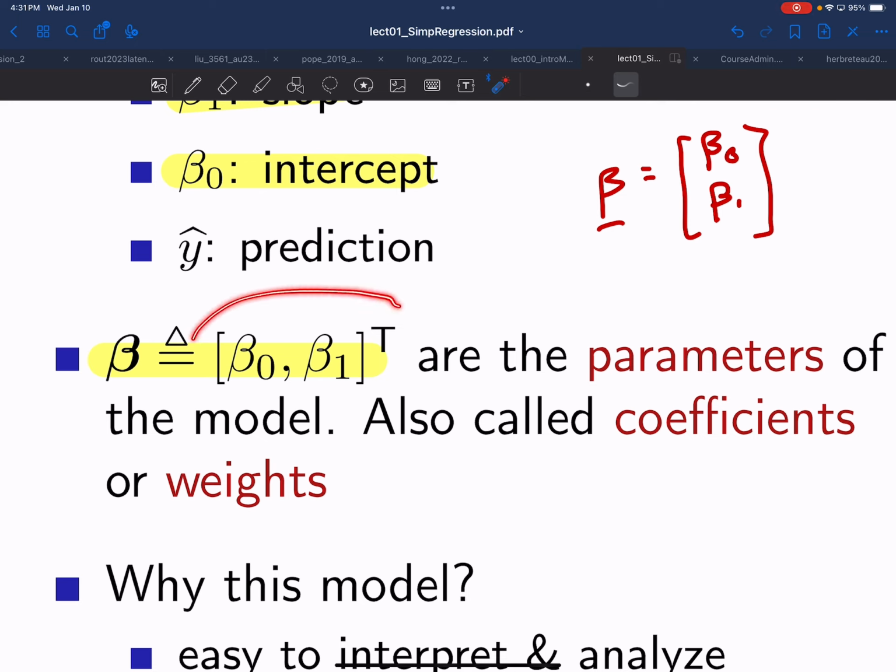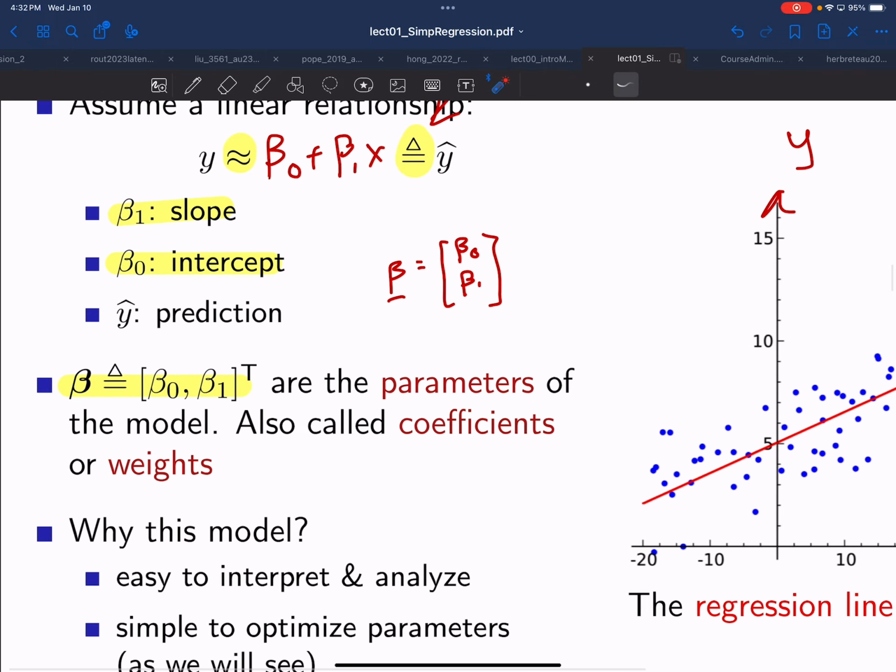Similarly here, because it takes more space to put this in the slide, I actually started with a row and transposed it into a column. Okay? So here we have a column vector that contains our two numbers, and now the parameters of our model are summarized by this beta vector. Okay, and that's going to help us with mathematical notation, with derivations and stuff later. So we're going to start to see more and more linear algebra as this course goes on.